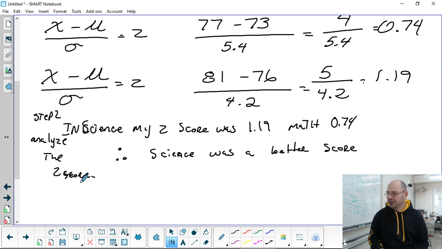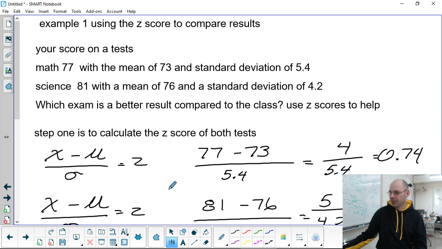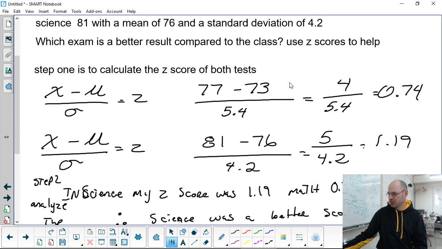The other question that they can ask here is how much more percent of the population did you do better in science with? So let's ask that question. Which exam had a better result compared to the class? Use the z-score.